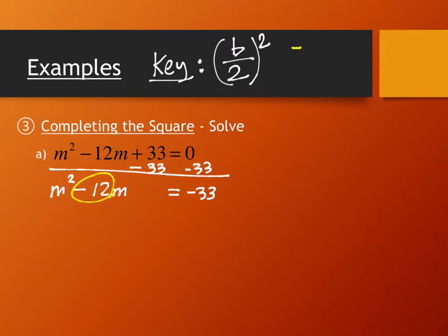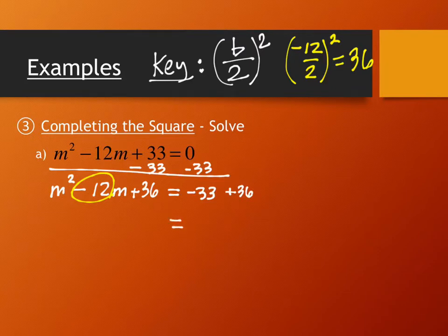So for my problem, I have negative 12 divided by 2, which is negative 6, and negative 6 squared would be positive 36. Yep, we need a positive. We'll always get a positive when we're squaring. And if I add 36 to the left-hand side, I need to also add 36 to the right-hand side. It's a balance. I need to compensate.